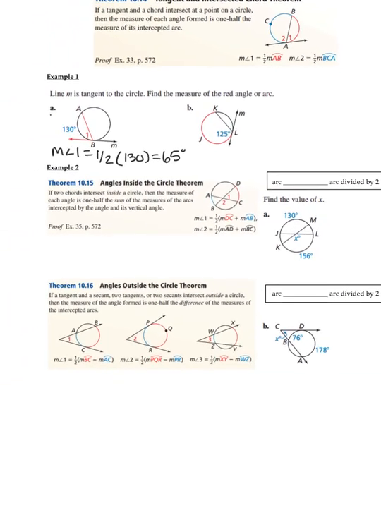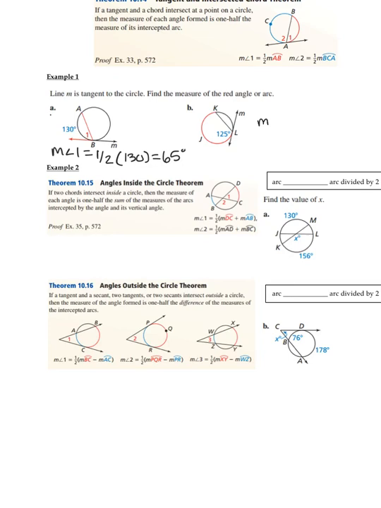Now, if we look at B, the intercepted arc here would be KJL, right? We're trying to find KJL, and we're given the measure of the angle that's created with the chord and the tangent. We're told that that angle is 125 degrees.